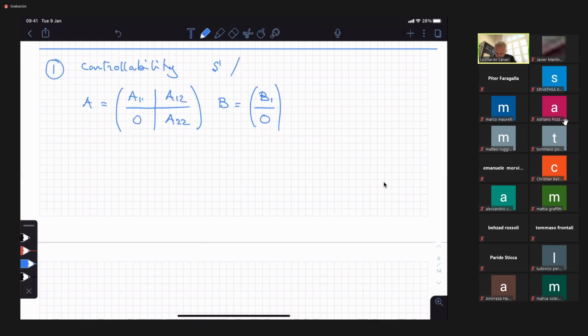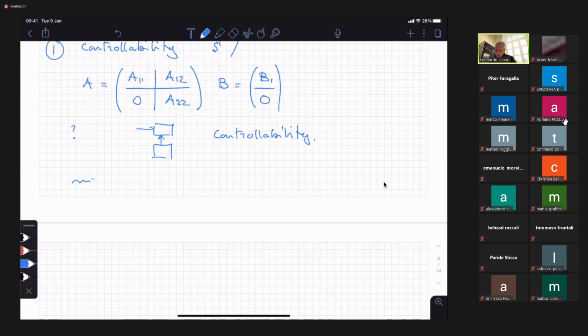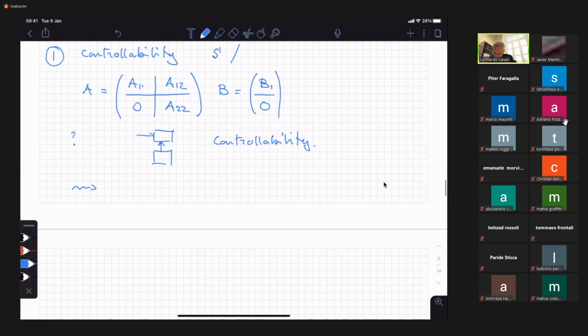So what can we say when we see a structure like this? Of course, we could represent again in a block the two subsystems, and we would see something like this. So we could, of course, compute the controllability matrix. And all this would, at least initially, say the following.